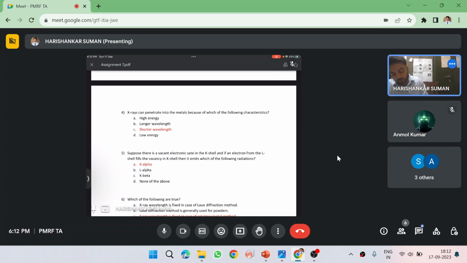E equals hc by lambda. If lambda is lesser, energy will be higher. And what will be the order of the energy? What is the lambda for metal that can be penetrated? Please find it.